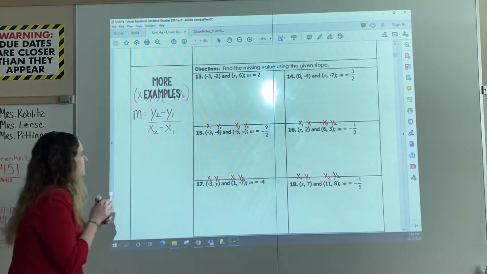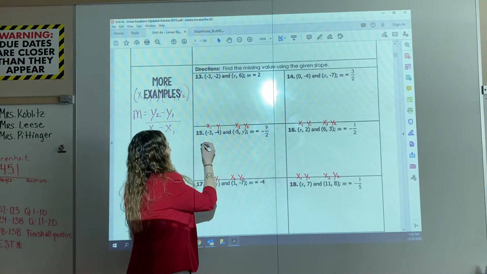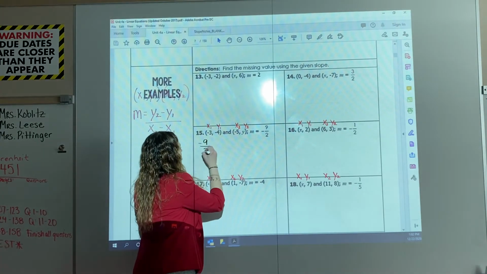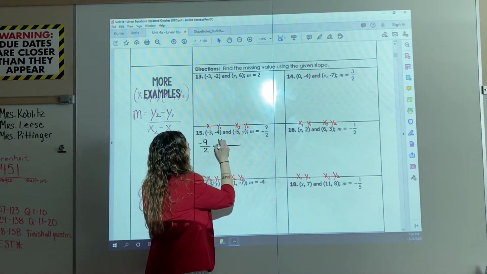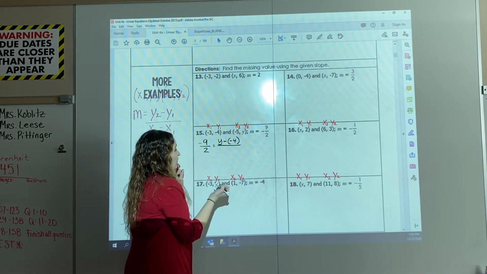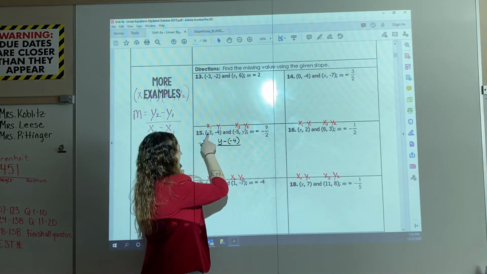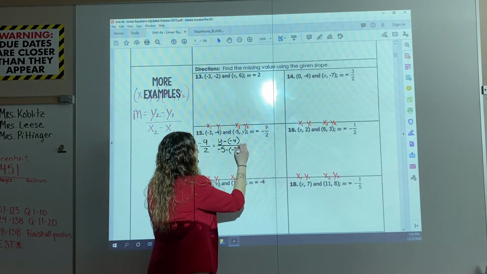All right, let's set it up. So here we know our slope is going to be negative 9 over 2. So we have y2 minus y1, so we have y minus negative 4 over x2 minus x1, so we have negative 5 minus negative 3.